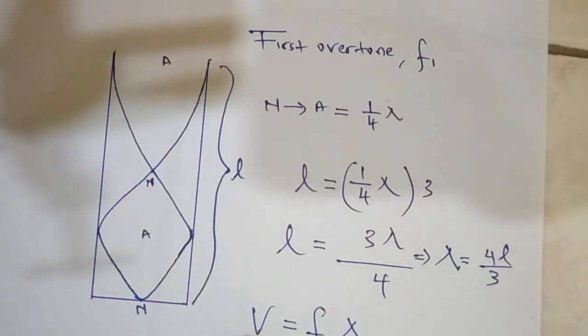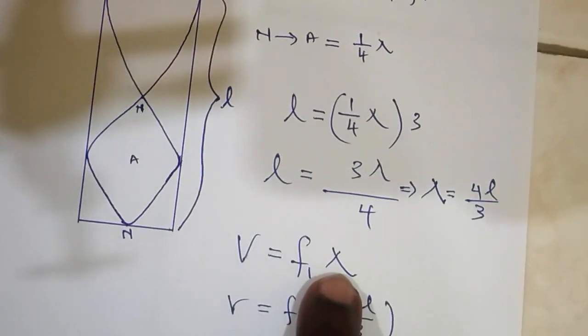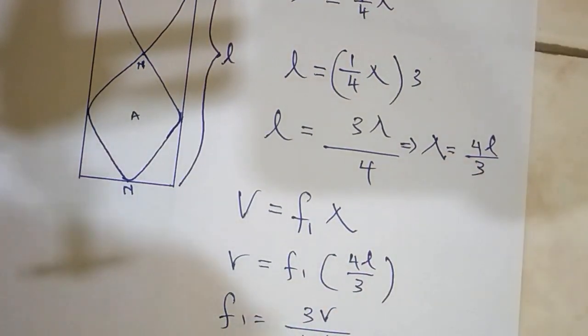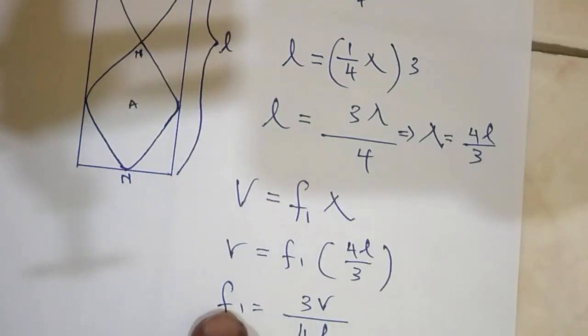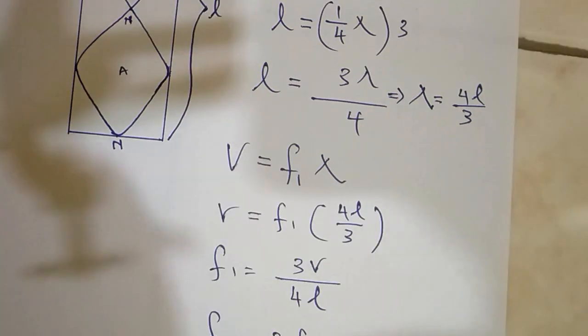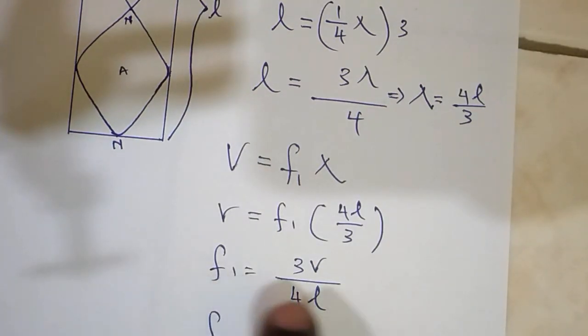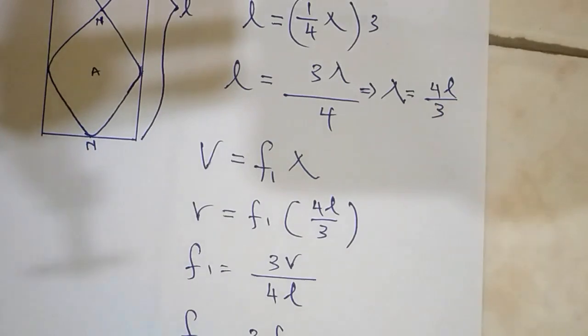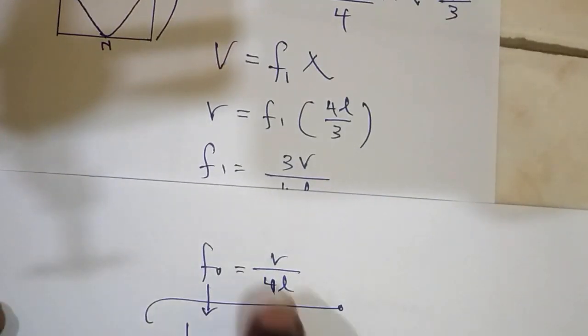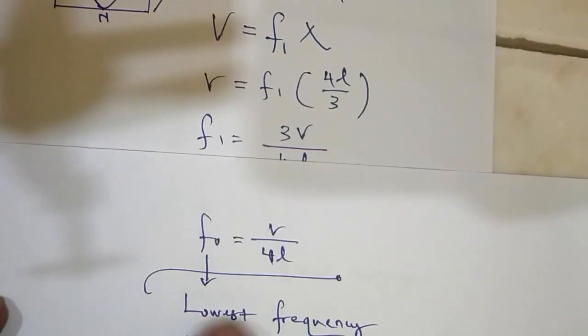From the speed of wave propagation, V equals F1 times lambda, where lambda itself is 4L over 3. So finally, the first overtone equals 3V over 4L. If we want to put F1 in terms of F0, we know that F0 equals V over 4L, which is the lowest frequency obtained.